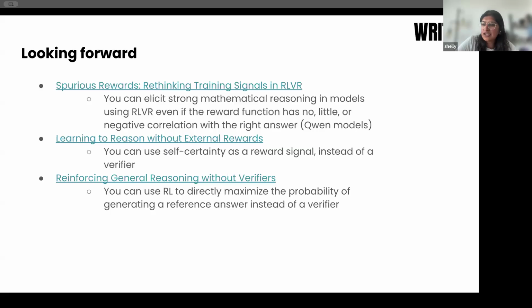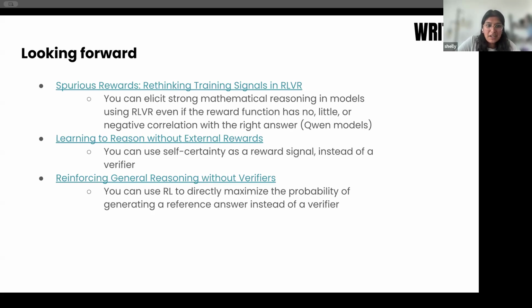It speaks to what is actually going on here, because there's this one research angle, which is, let's design really good reward functions. And they showed that you maybe don't need to design really good reward functions, especially for certain models. It's worth noting that these results primarily held for Qwen and didn't really hold for Llama and other models. So potentially it's something specific that Qwen is doing, but it's a cool paper.